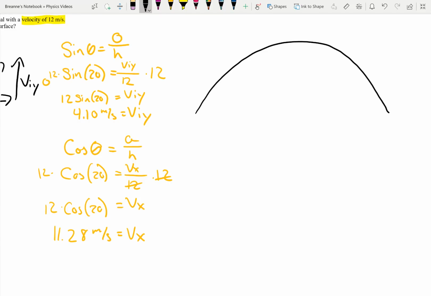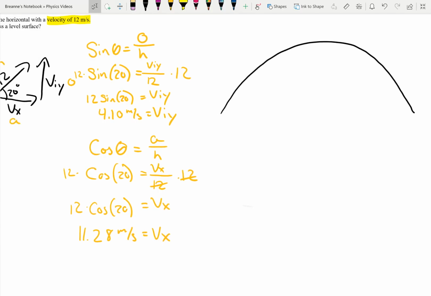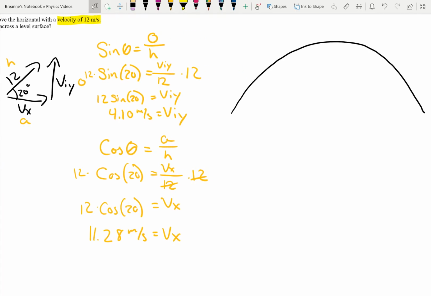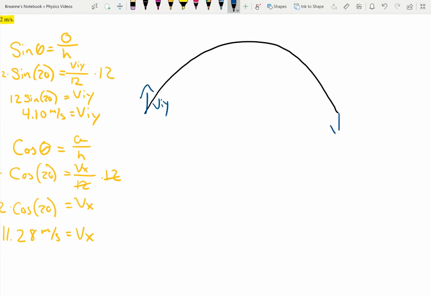So we just solved for our initial velocity in the y. What's so special about our initial velocity in the y and our final velocity in the y? Hopefully, you're saying that your initial velocity in the y is the same as your final velocity in the y. It's just negative.